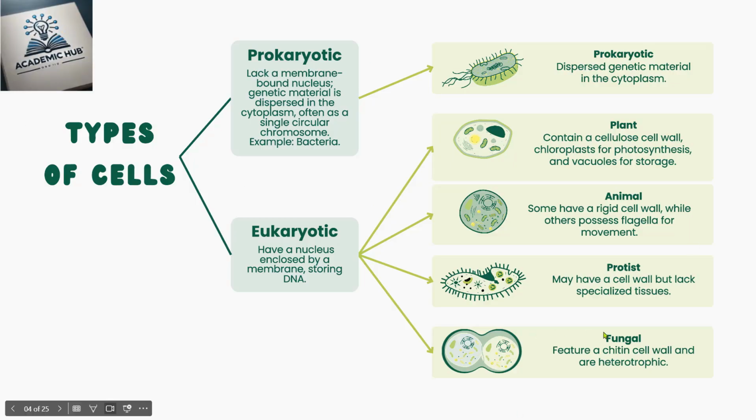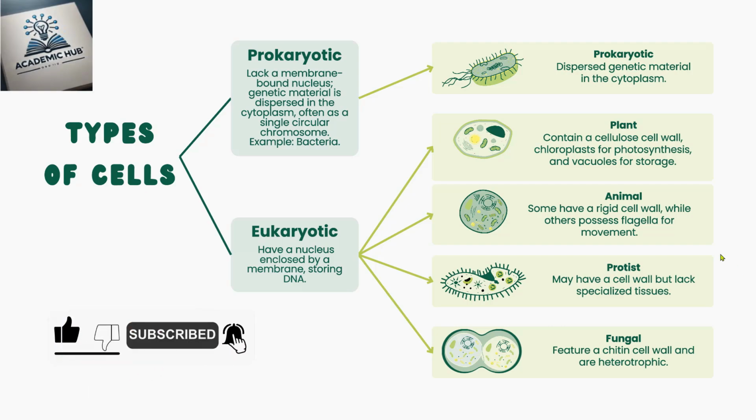Now the next cell is protist. The diverse group of protists are unicellular or multicellular eukaryotic organisms that do not fit into the plant, animal or fungal categories. Some key features of protists include the cell wall. The cell wall is optional. Some protists like algae have cell walls while others like protozoa don't.